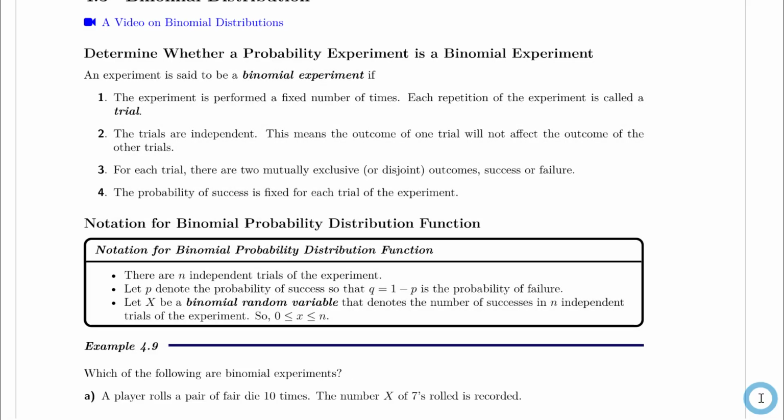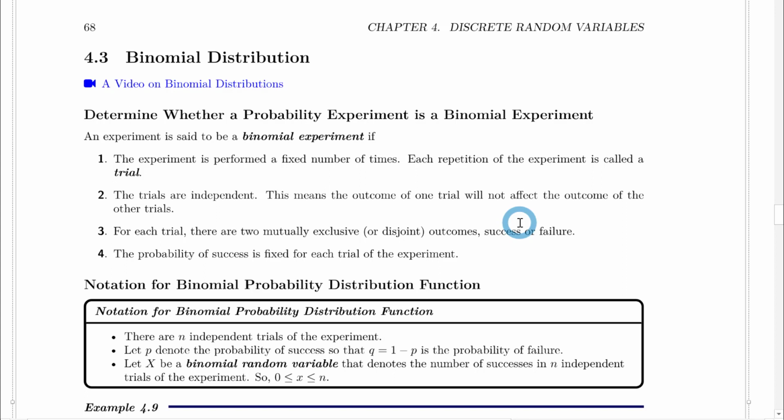In this section, we're going to discuss the binomial distribution, where a binomial experiment is quite common, especially in sports like baseball.